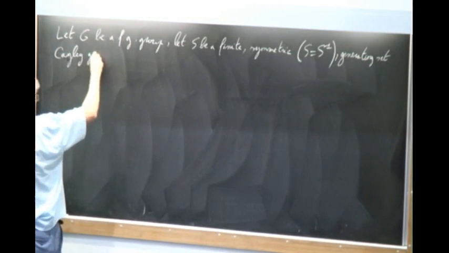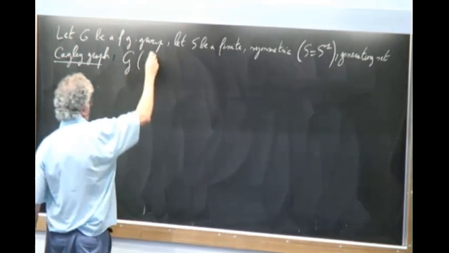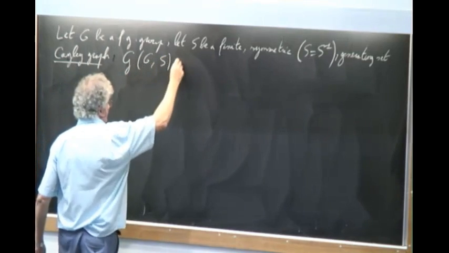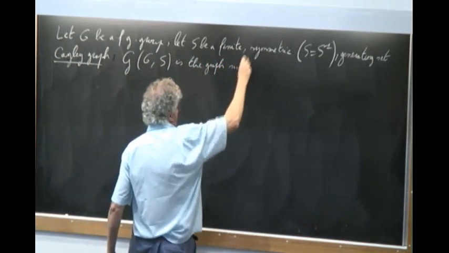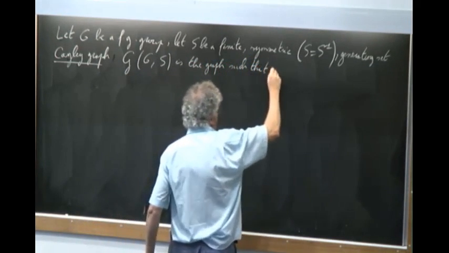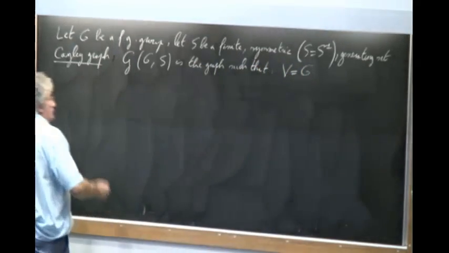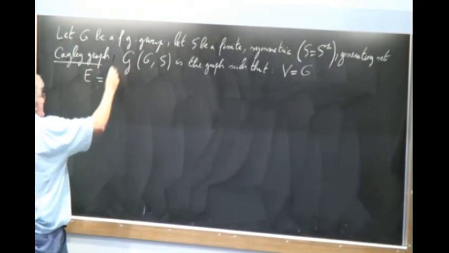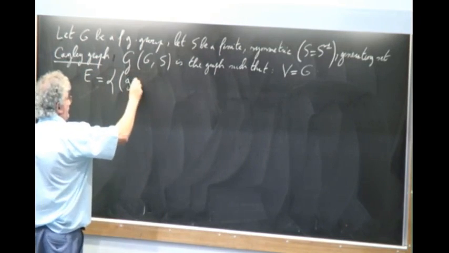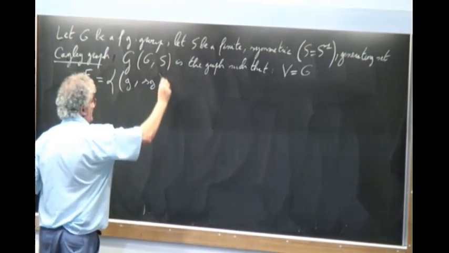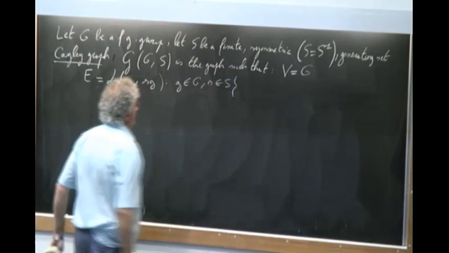The Cayley graph is the graph such that the vertex set is G, so the group itself, and the edge set is the set of pairs of the form (g, sg), where g is a group element and s is a generator.